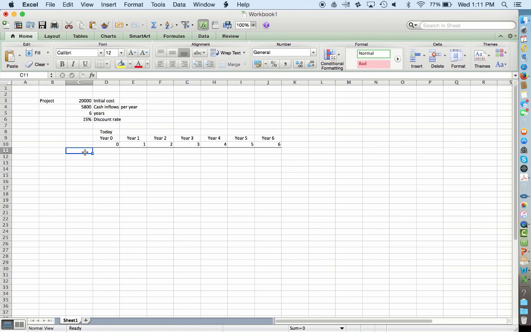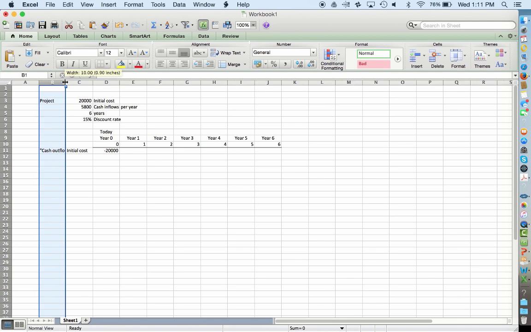And I want to build in some of the data. So I'm told that the initial cost of the project is $20,000. I'm going to put that in, and I'm going to enter it as a negative value, because it is really a cash outflow based on what I'm told about this project.